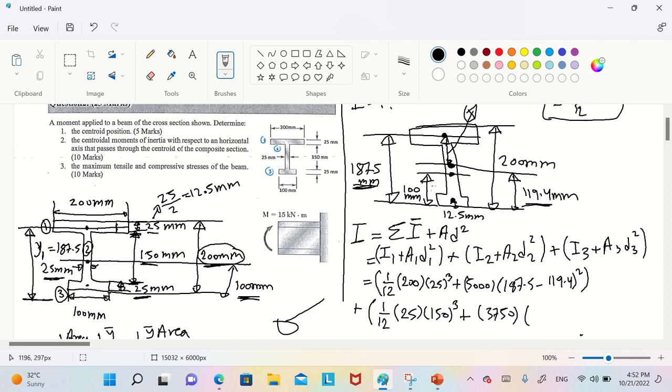Now this one, 100, is the second distance between the center of the second to the ground, and 119.4 is the center of the whole to the ground. Now you need the distance between the two centers.